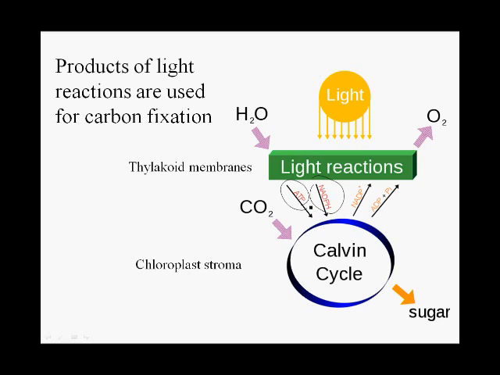Now, in chloroplasts, the ATP and NADPH produced by the light reactions are all used within the chloroplast by the Calvin cycle. They are not used by the cell for other purposes.